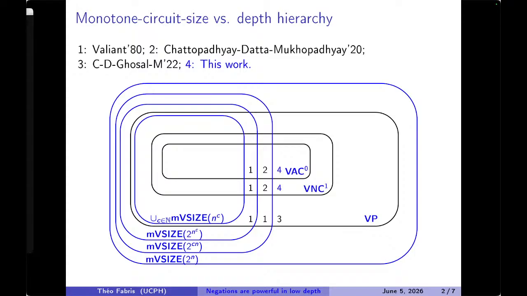Later this was improved to a strongly exponential lower bound for another polynomial. And our results improve this result and also all the other results, in the sense that we prove a strongly exponential lower bound for monotone circuits where the polynomial that we compute is a depth 3 circuit. So it's even the lowest level of the depth hierarchy inside VAC0.